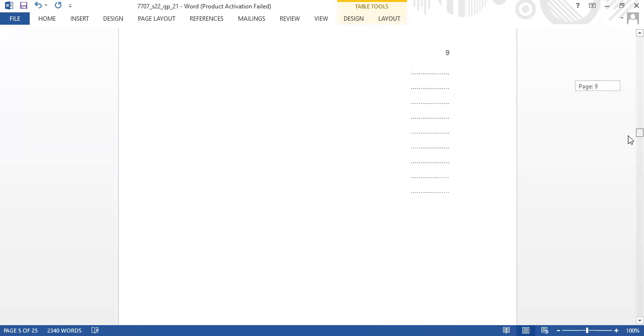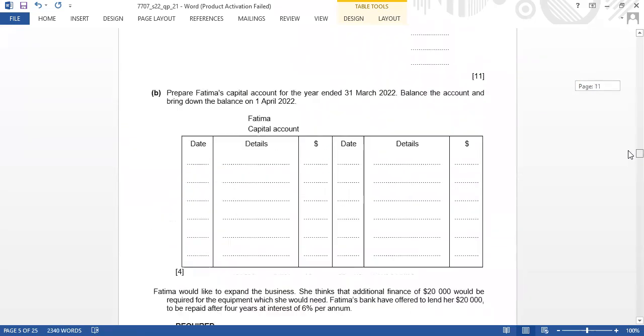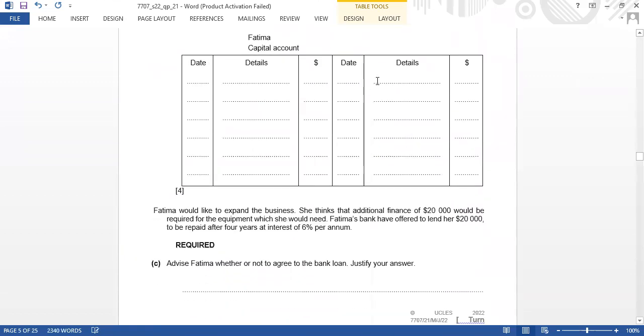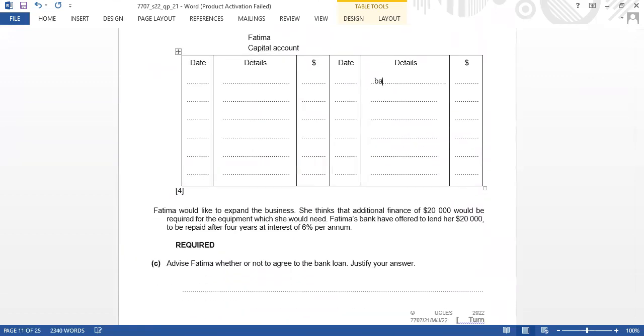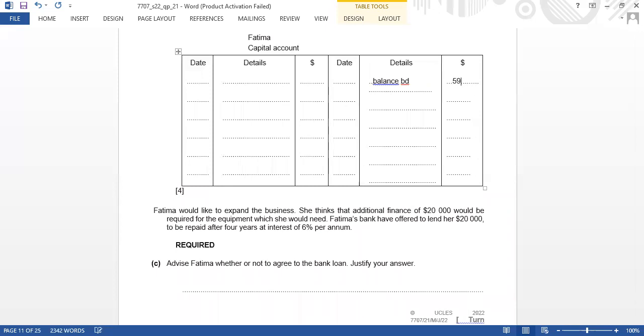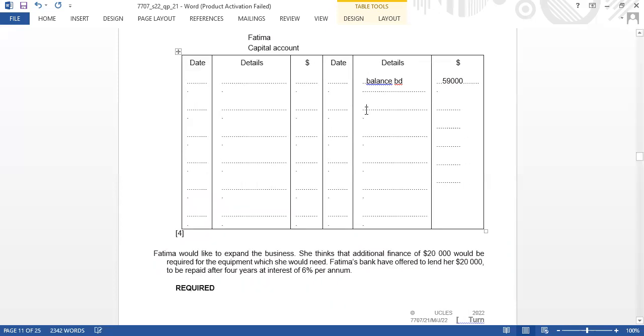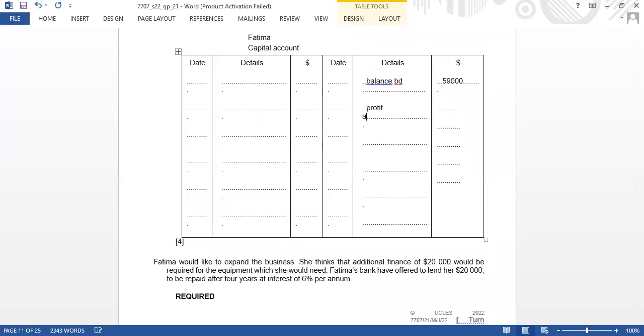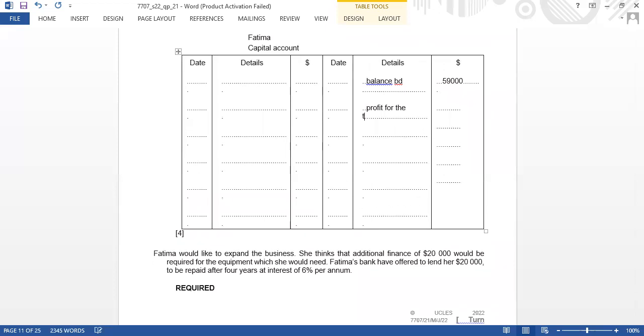Capital is a credit balance, so balance b/d of 59,000. Then we'll add profit for the year. That is 11,036.